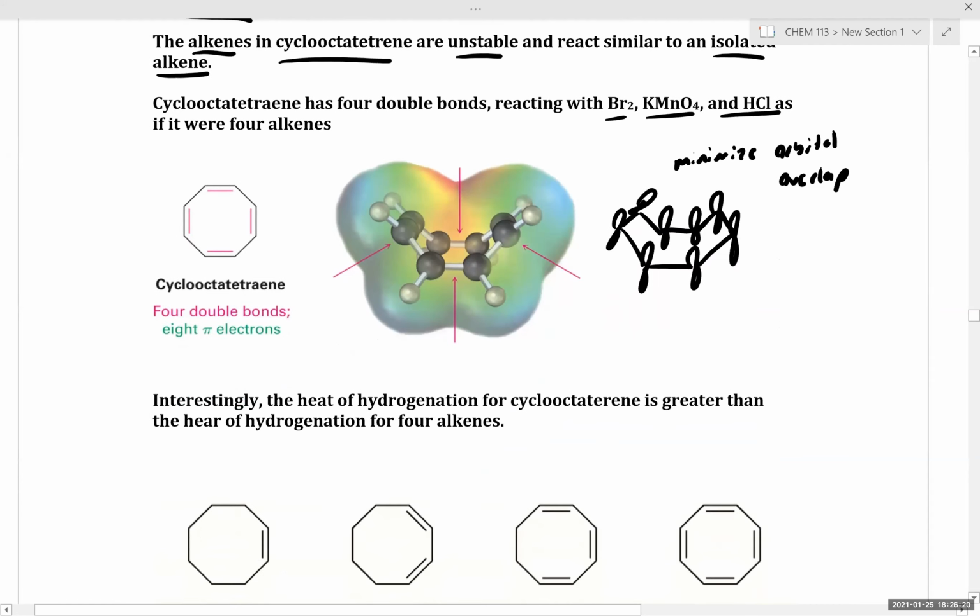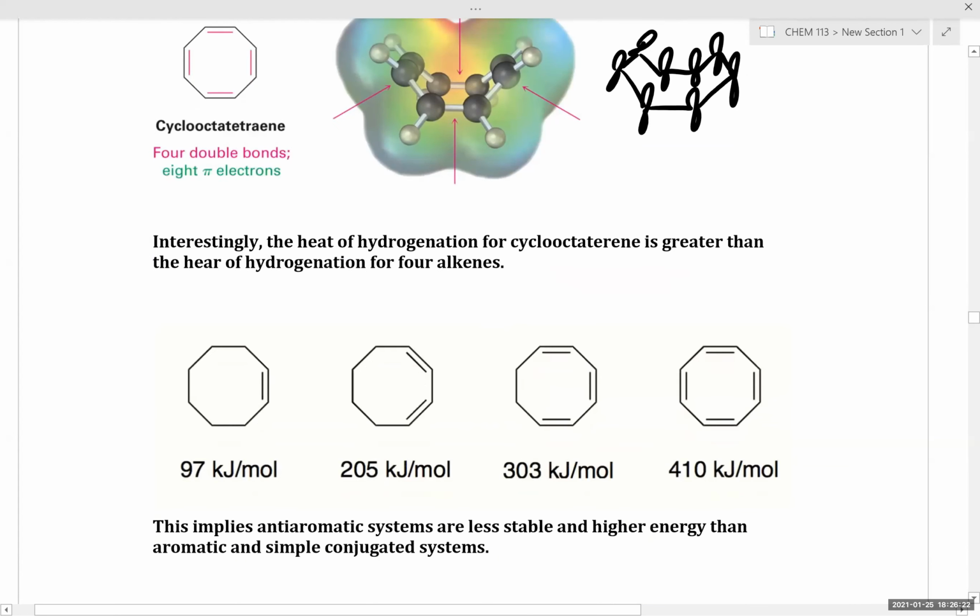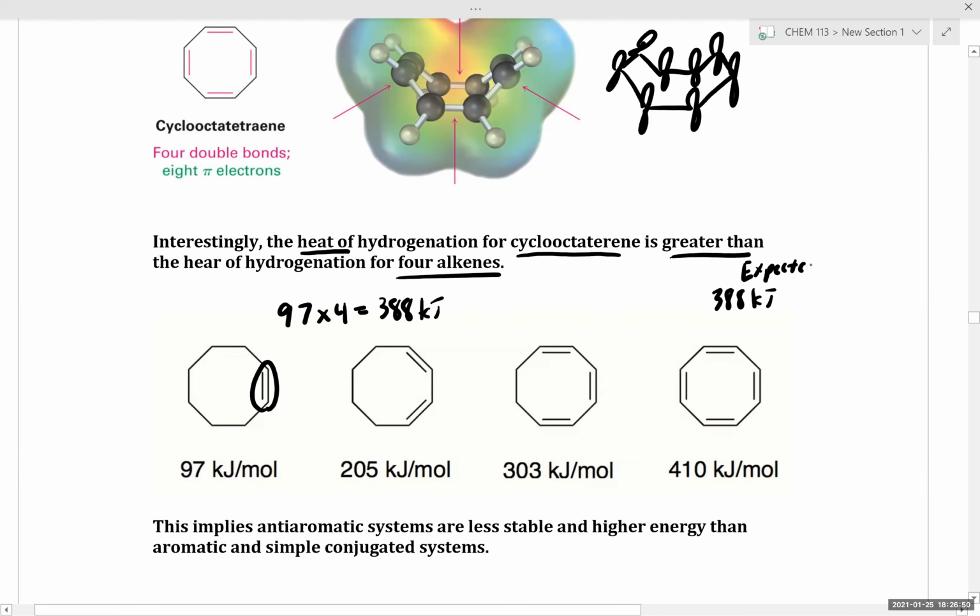Now, it's important to note that if we look at heats of hydrogenation, we actually see that the heat of hydrogenation for cyclooctatetraene is actually greater than the heat of hydrogenation for 4 alkenes, right? If we take 97 times 4, that gives us 388 kilojoules. So we'd expect 388 kilojoules of heat to be released, assuming these alkenes were behaving just as simple isolated alkenes.